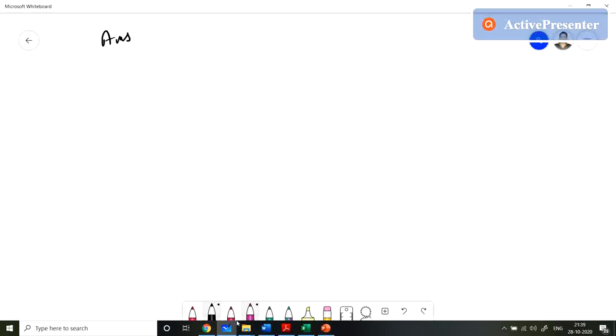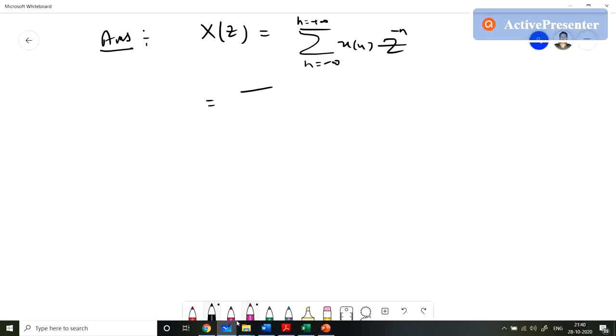So the answer: let us find out X(z). X(z) equals summation n equals minus infinity to plus infinity of x(n) z raised to the power minus n, and since we have x(n) between 0 and N minus 1 only, it is the sum from 0 to capital N minus 1 of a^n z^(-n).